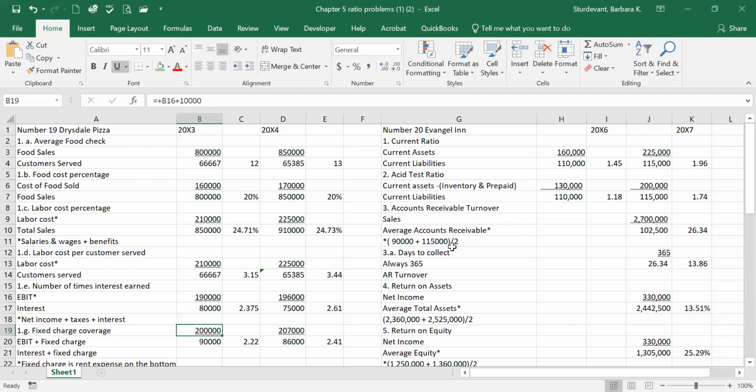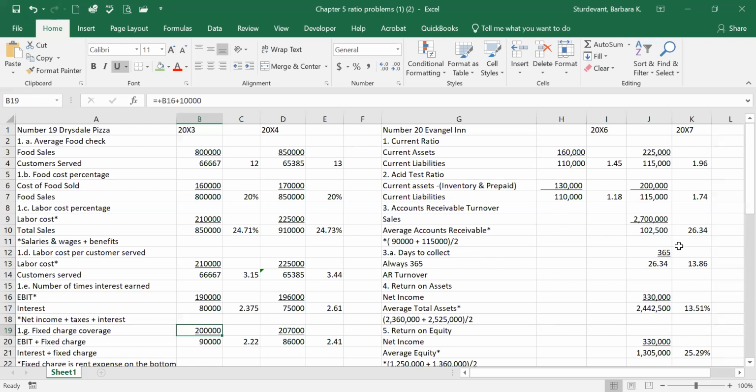Those are your 2 accounts receivable numbers. Going to add them together and divide by 2. That gives you your bottom number. And don't forget to do this. That's an error that you make. And honestly, some of the courses that I teach, we do the average. Some of the courses that I teach, we don't. It just depends on the book. But this book uses them, so that's what you need to do.